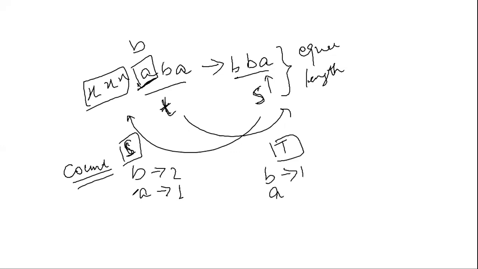So I'm doing what you guys said. This was your S, right? It had 2 B's, 1 A, and this is our T, which had 1 B, 2 A's, right?